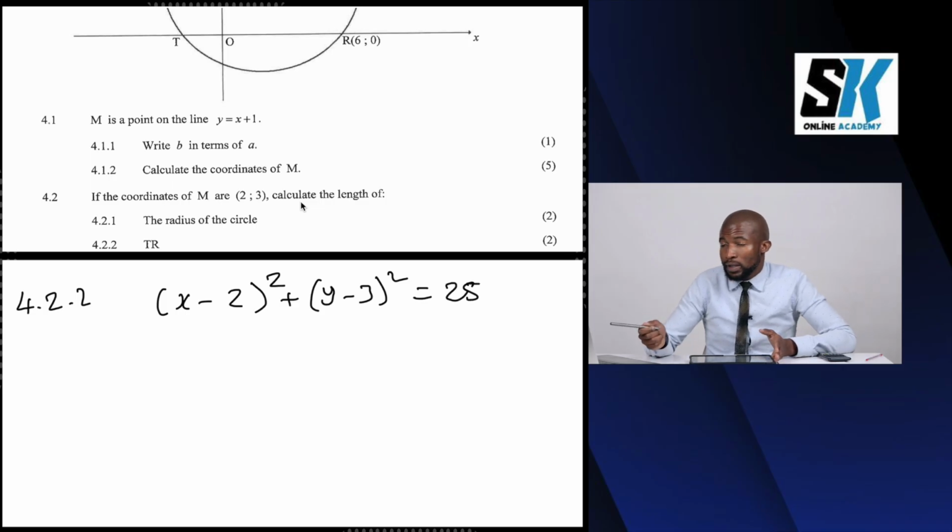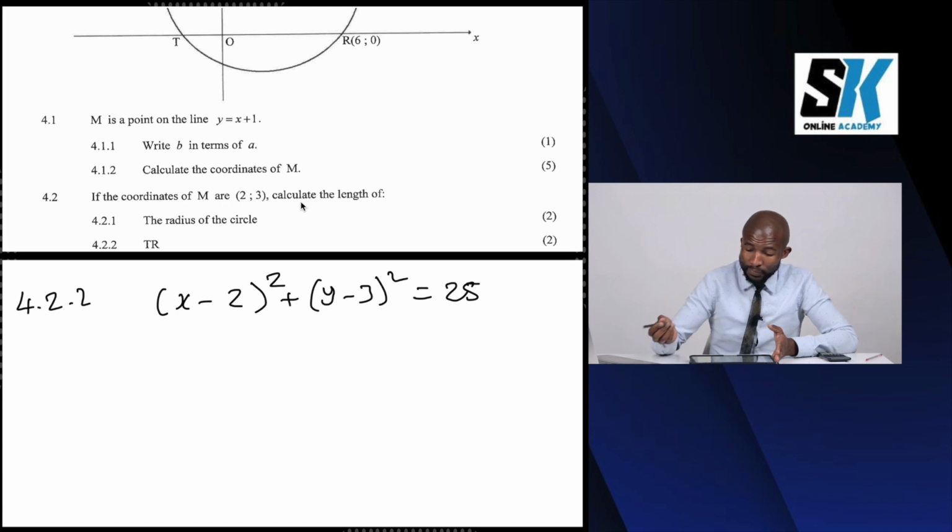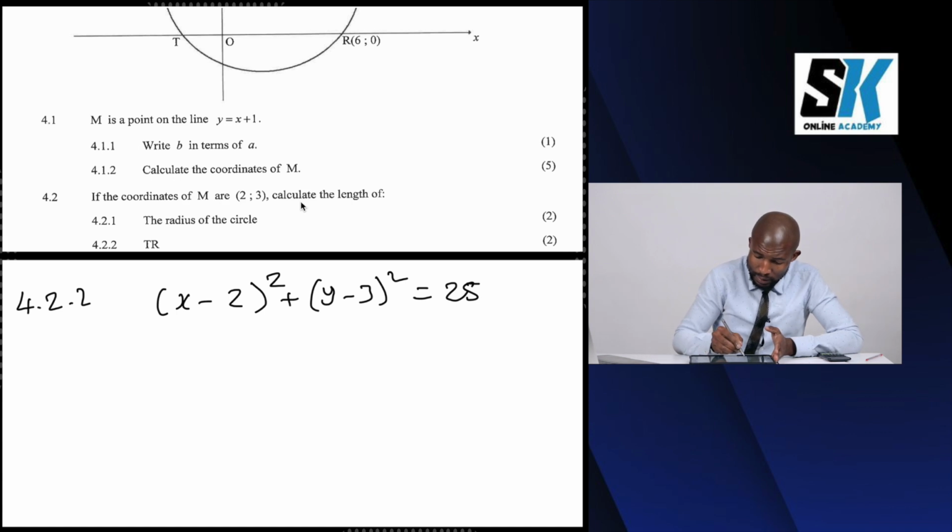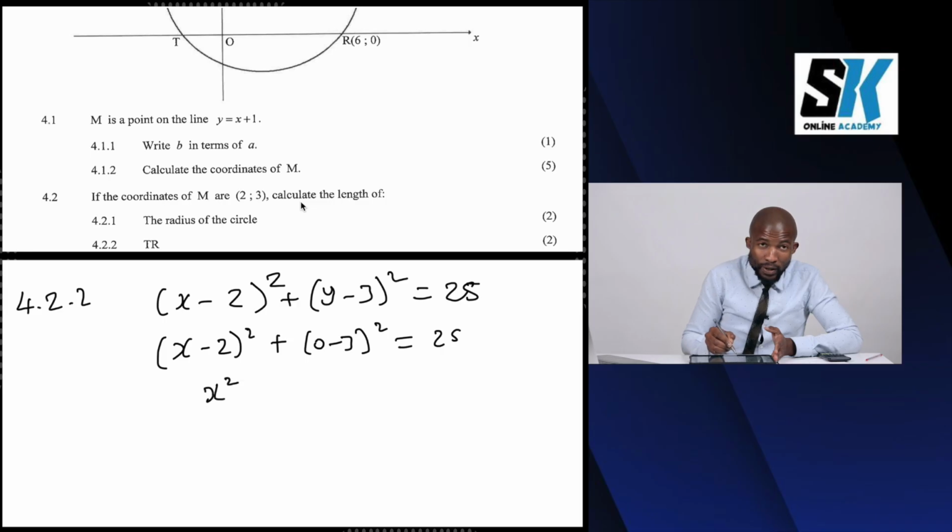So T is an x-intercept, so its y value is 0. So here we're going to have (x minus 2) all squared plus (0 minus 3) all squared, that is equal to 25.